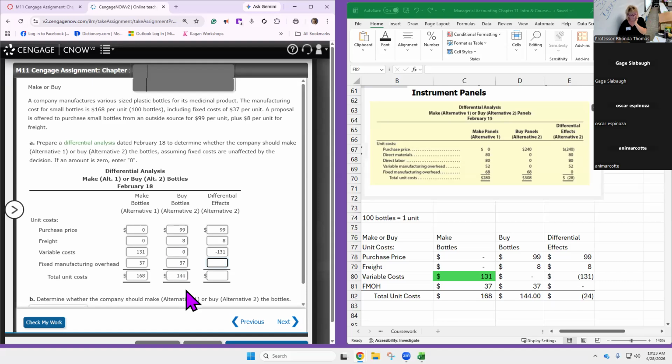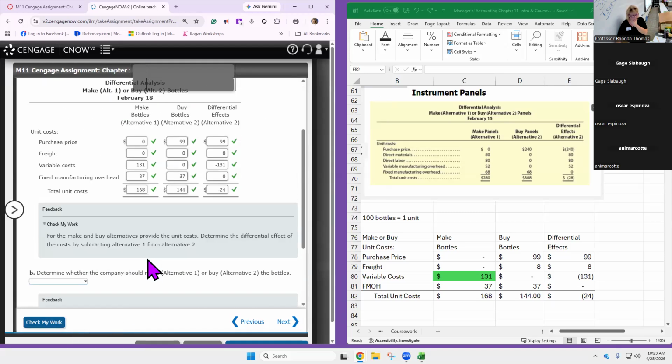But like I said, we're looking for the lowest of the costs, not the revenue of it. Sometimes it takes a little practice to do this. So I'm going to put negative 24 here and see what we get. All right. So here's our better cost, the better cost to buy the bottles.